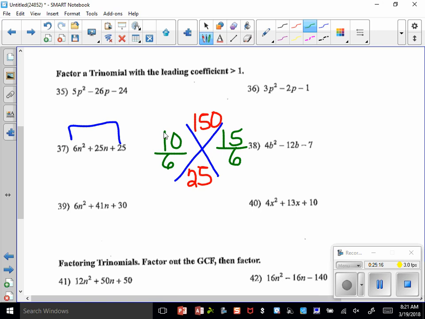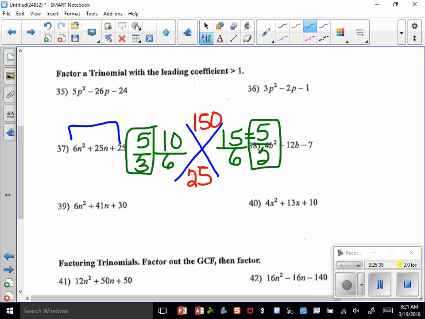Okay, let's reduce this fraction. So I can divide both by 2. So this is going to be what? 5 over what? 3. Okay. And then on this side, I can divide both by 3. So what is this going to be? 5 over 2. Very good.